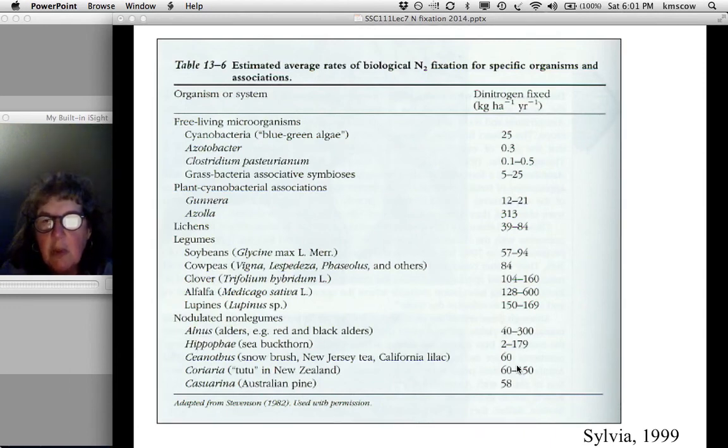You can see it really does pay off, in terms of how much nitrogen can be fixed, to have a symbiotic relationship. And of course, we really tap into these in agriculture, using these plants and their associated bacteria to get a lot of nitrogen into systems, like you saw at Russell Ranch in those cover crop systems and the organic system.